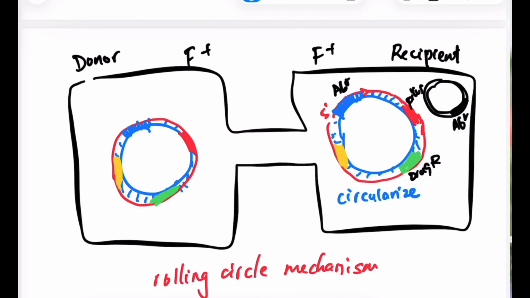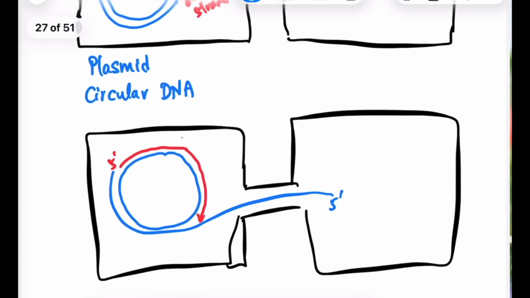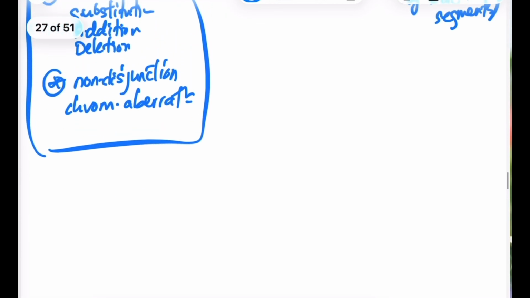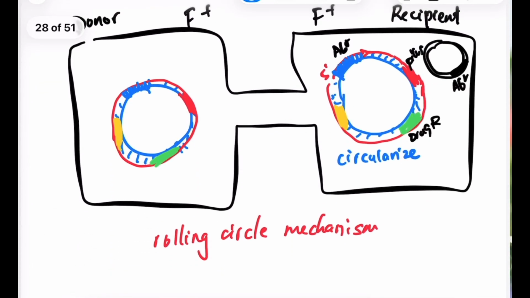So you just need to use this term that the daughter strand, after the outer strand is removed, detached and transferred, the daughter strand is made through rolling circle mechanism. On the other side, after it's circularized, also the same, rolling circle mechanism.